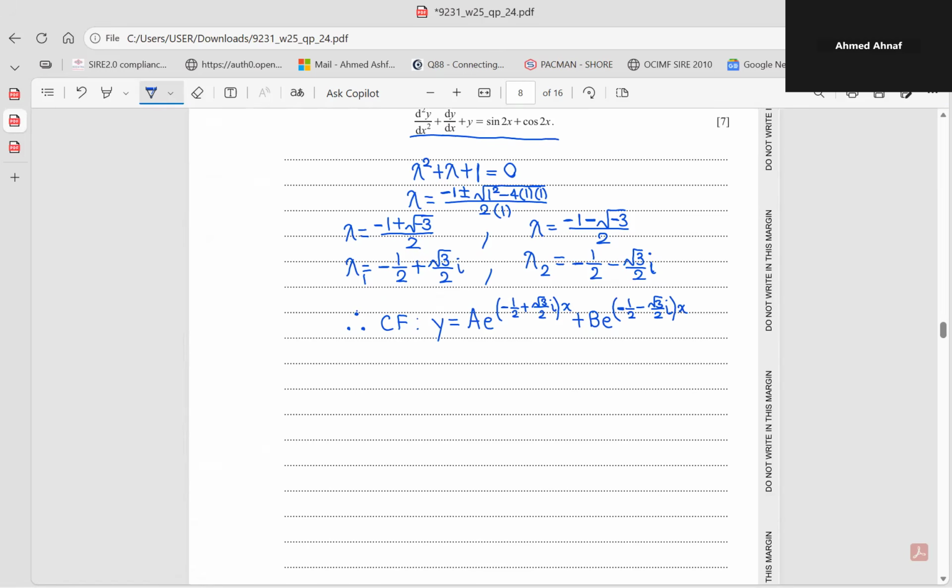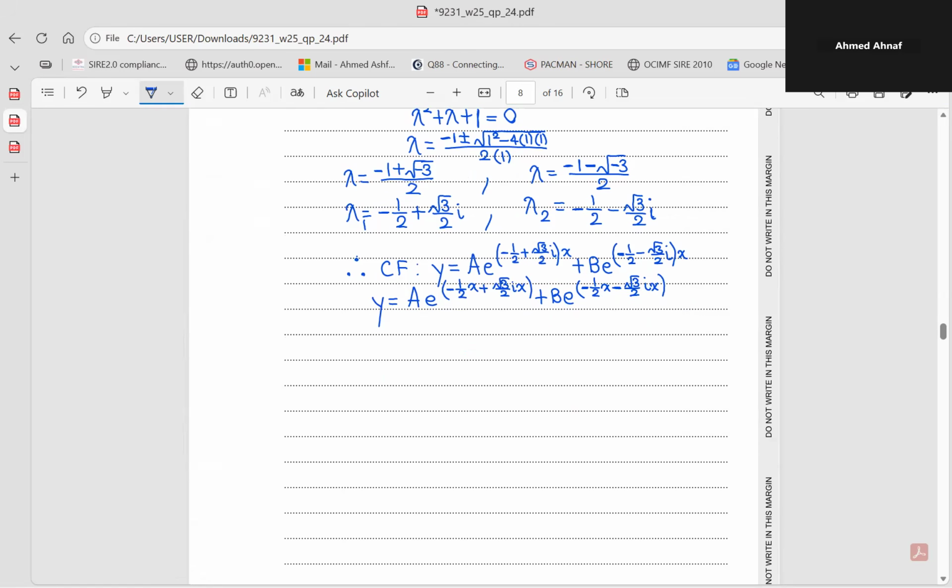Okay, so now let's expand this out. So y equals a times e to the power of minus half x plus square root 3 over 2 i x, plus b times e to the power of minus half x minus square root 3 over 2 i x.